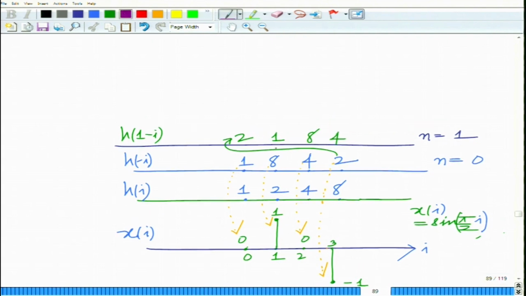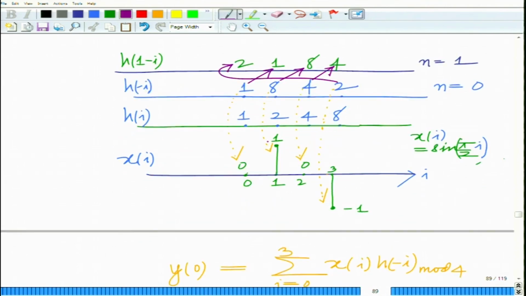So what is happening is, in the next time instant, something very interesting is happening here. The 2 is rotating to the left and the rest are all moving one step to the right, and therefore what you have now is a circular convolution.